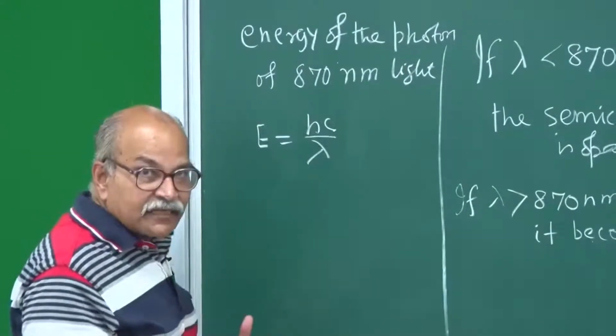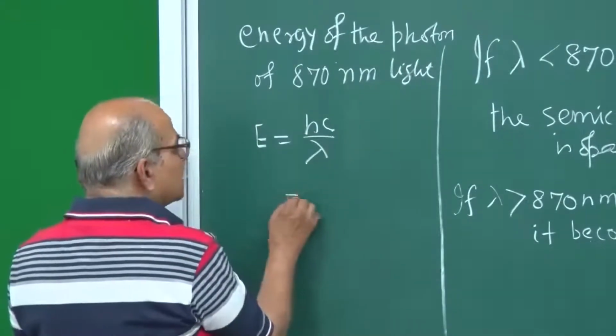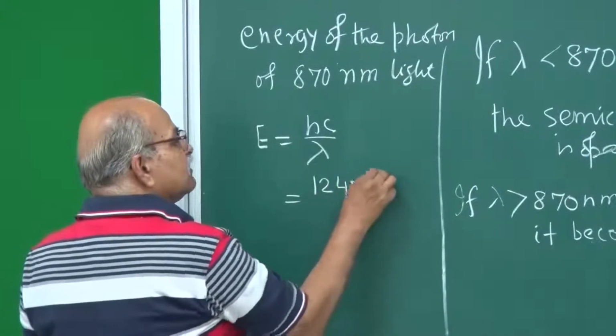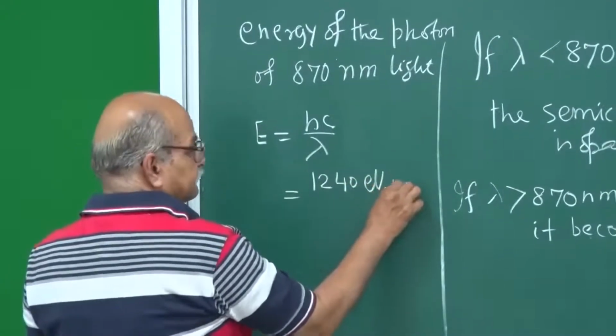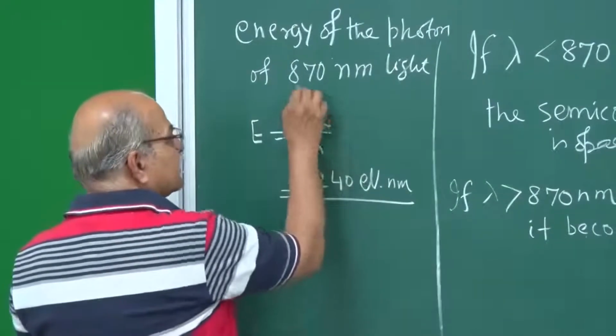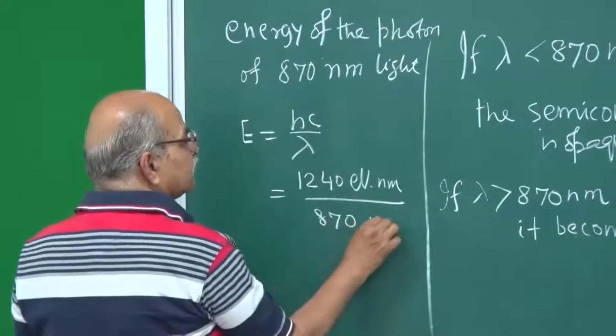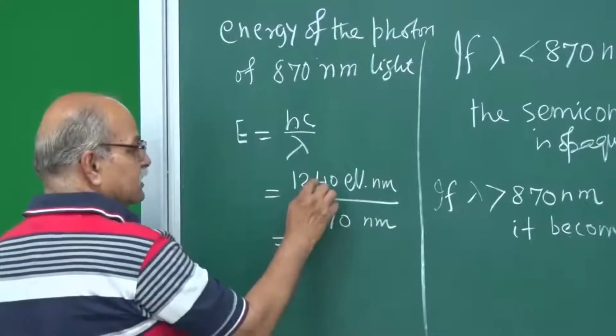You can multiply them, and that turns out to be almost 1240 eV nm, and this lambda is 870 nm.